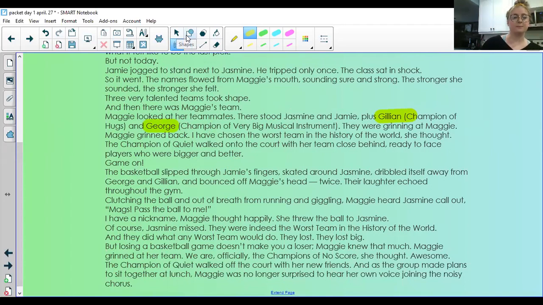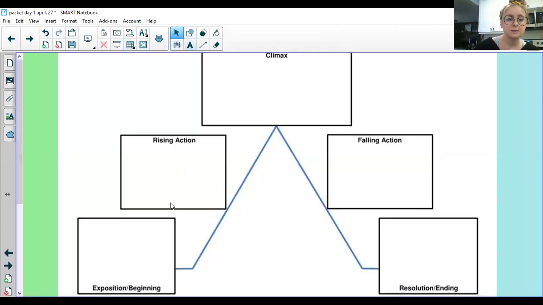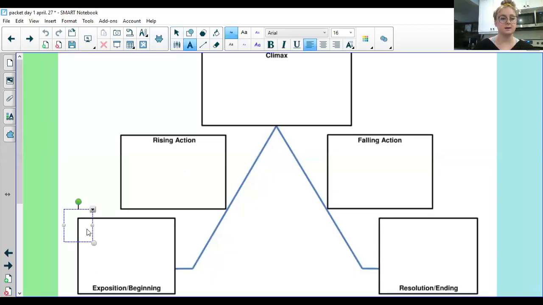I would recommend just listing them as the main characters and then the other students, just because there's so many. But if you want to list all of them, that's up to you. And the setting is going to be in gym class. So I'm going to type that in here. Okay, characters. And friends, I will adjust this as I go.